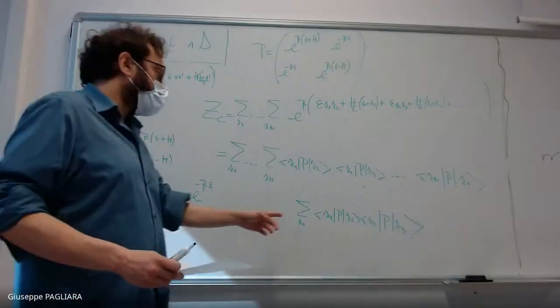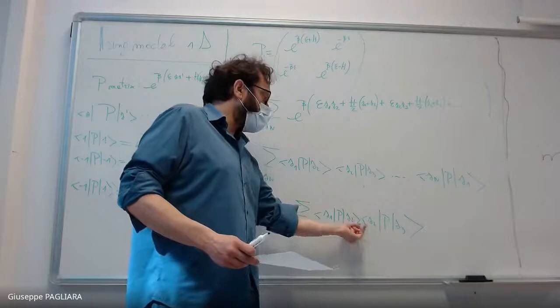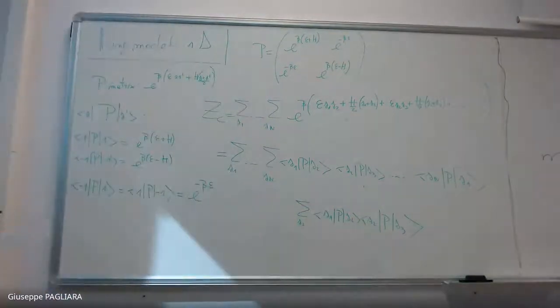Here I'm fixing S1 and S3, and I'm adding all the values of S2. So this corresponds basically to a product of P by itself, and I'm taking the S1 line and S3 column.